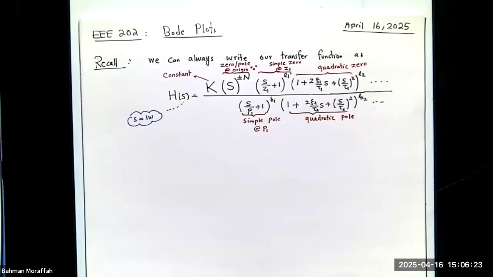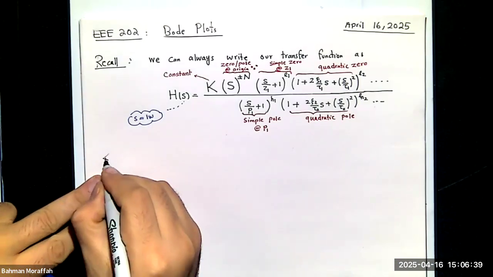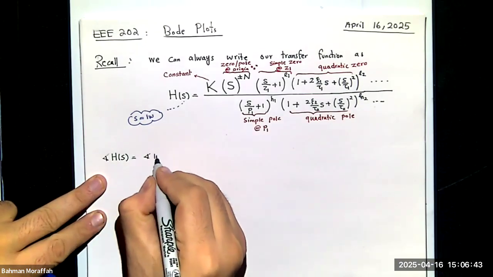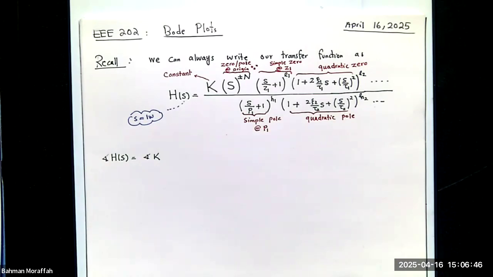So by looking at this decomposition, where I have a bunch of multiplications and a division, I can simply find the phase of this H of s. So I know the phase for H of s is the phase for this k, which we know is 0. Why? Because it's just a real number. There is no phase to it.